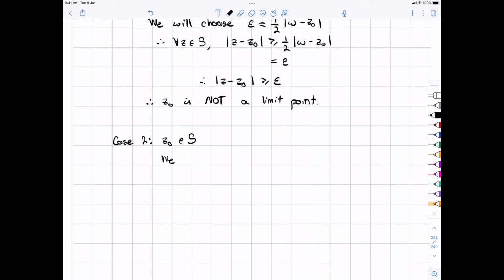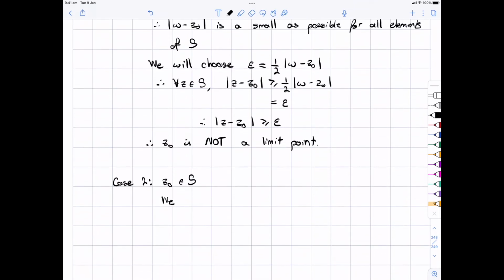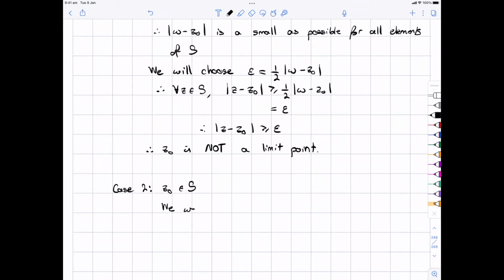I'll write it so you know what I'm doing. We want to choose epsilon greater than 0 such that for all z in S, either z equals z0 or the modulus of z minus z0 is greater than or equal to epsilon.